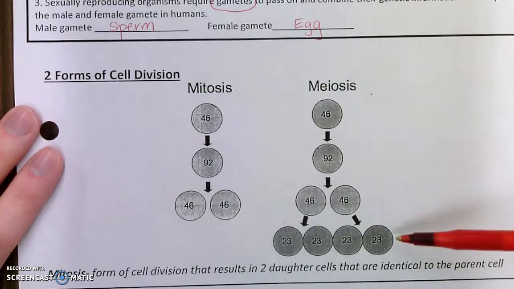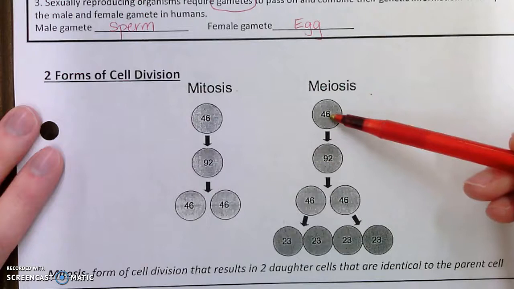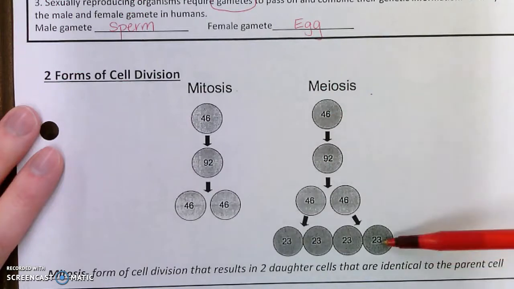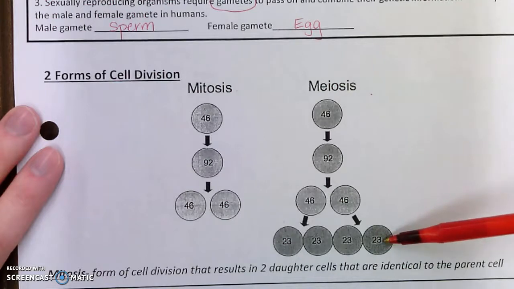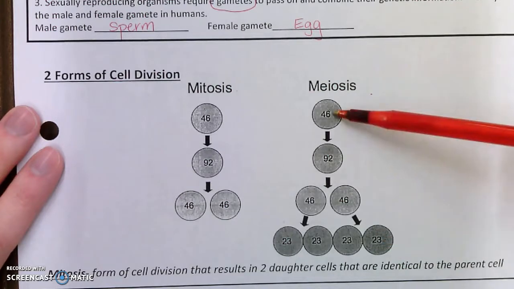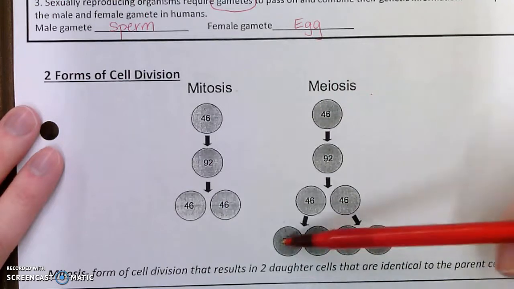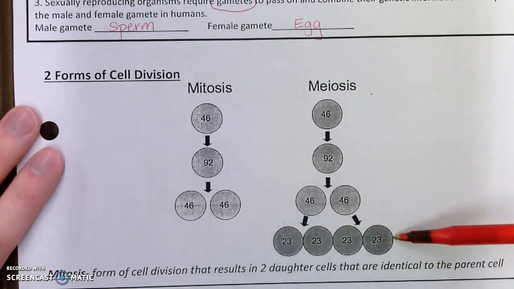So we are left with 4 daughter cells in meiosis, with half of the genetic information as the parent cell. As you can see, 23 and 46 are not the same number, so these daughter cells are not identical to the parent cell. So these 4 cells would be the sperm cells or the egg cells.